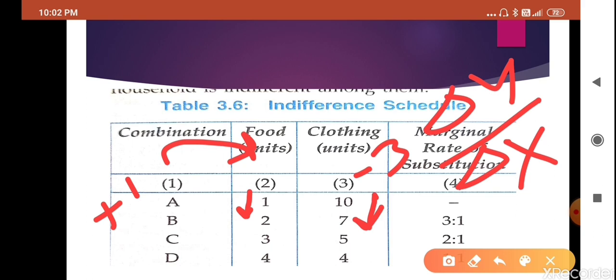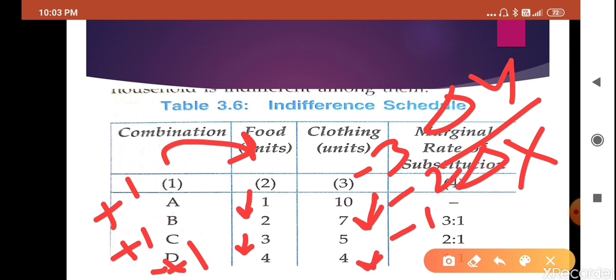For the second one, one more addition is there, plus 1, then here it remains from 5 to 2, minus 2. So for an additional 1 unit that the consumer is consuming, he has to sacrifice 2 units of Y. And then we are coming to the next one, it is minus 1, it is plus 1.